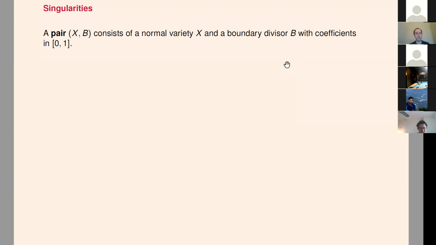But rational coefficients are enough for us for now. So this is called a pair, with some other technical conditions on it, but basically a pair is just a variety and some divisor.